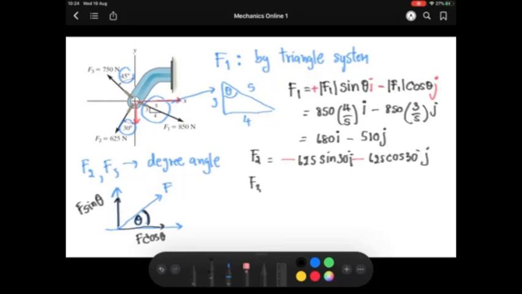F3 will be minus 750 sine 45 i, and then plus 750 cos 45 j.